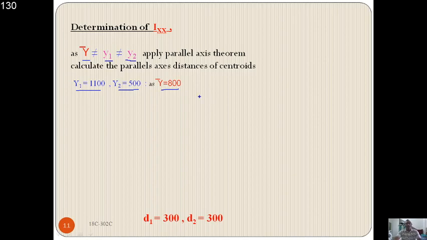Hence all are at different places, as we have already seen in the figure. The y1 line is somewhere here, the y2 line is somewhere here, whereas your y bar is somewhere here.